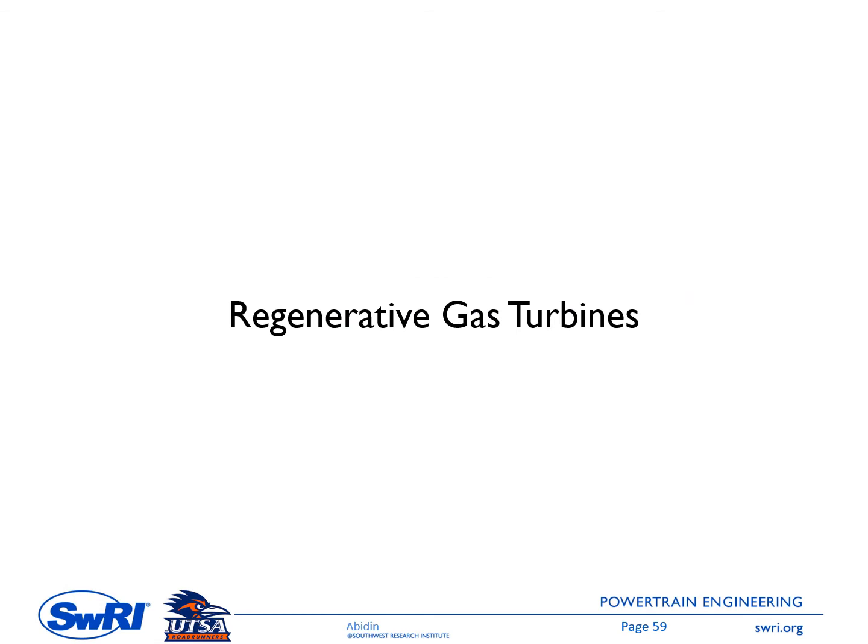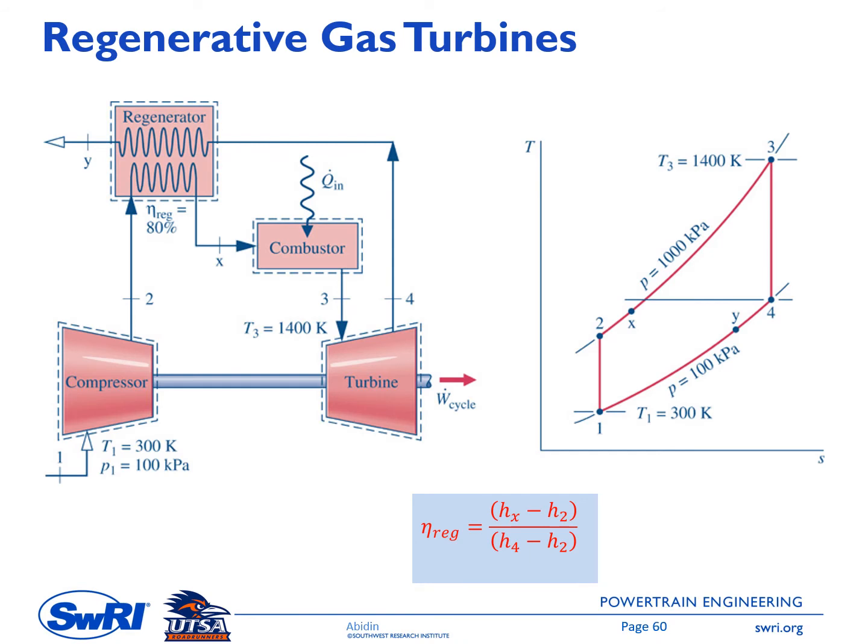The next topic is regenerative gas turbines. The idea of this regenerative system is similar to the one we had in the vapor cycle. The idea behind having a regenerative gas turbine system is that the gas exiting the turbine at point 4 here is still hot, and it will be useful to utilize this hot gas to heat up the mixture, especially before it enters the combustor.